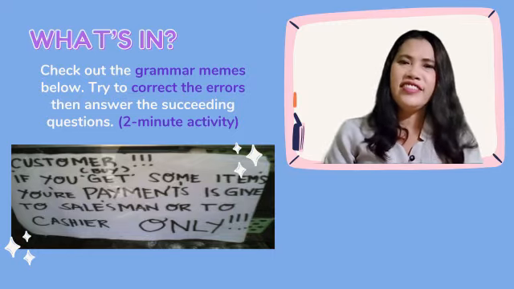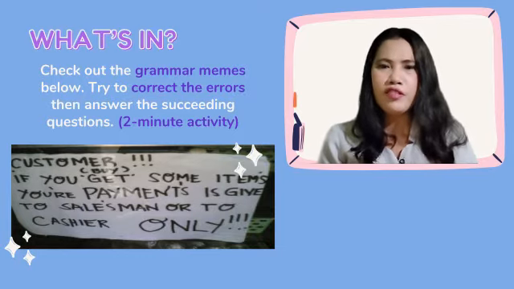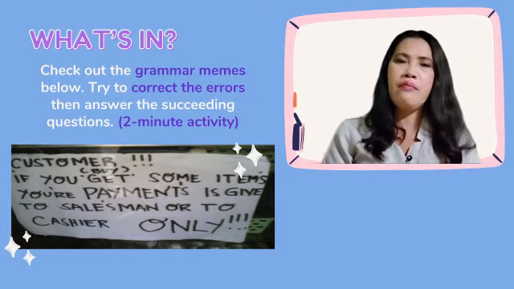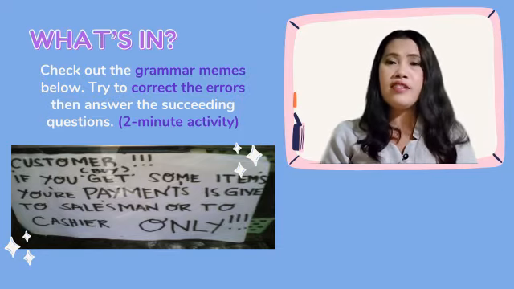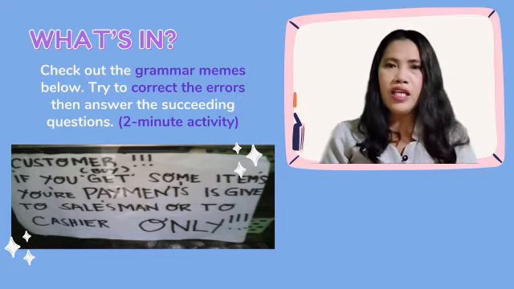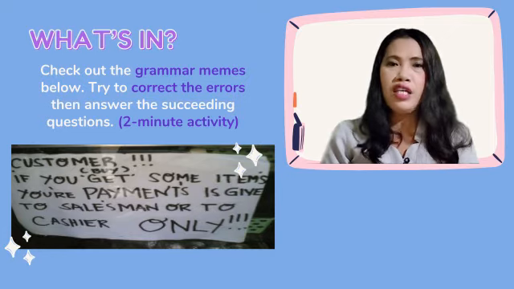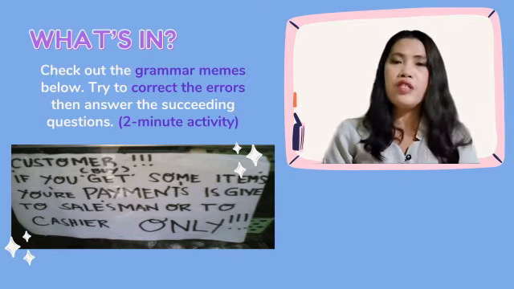So here you can see a lot of apostrophes in the meme given a while ago. But as you can see with the possible answers, the apostrophes there are not really correct, because there's no need for an apostrophe, since apostrophes indicate possession.